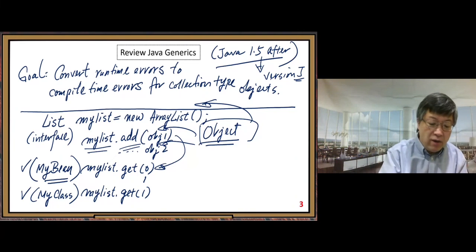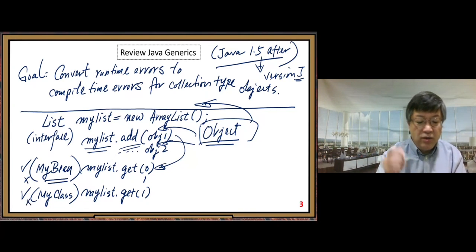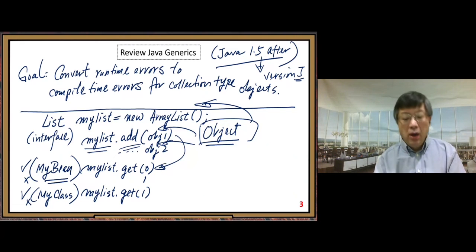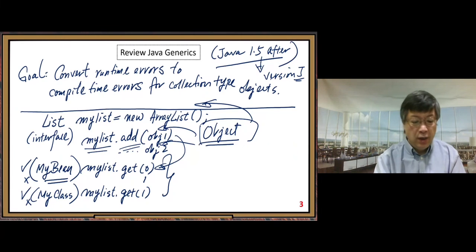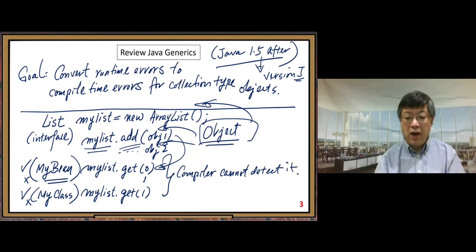And you may get it wrong, right? So when you do the casting, you may do the wrong casting. Just think about it, because you couldn't follow exactly, you may get confused by yourself. When you do the wrong casting, the compiler cannot detect the error, so you have no chance to fix it.